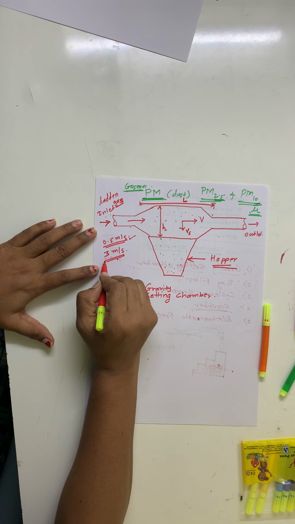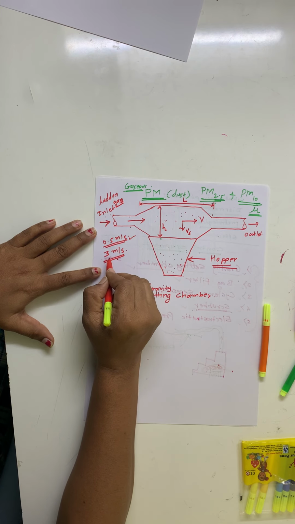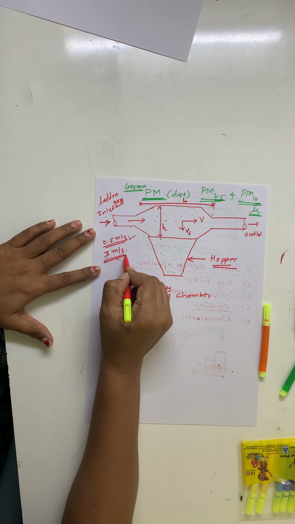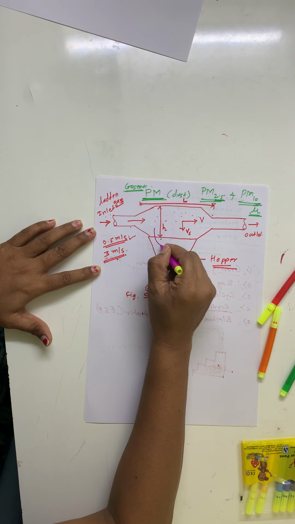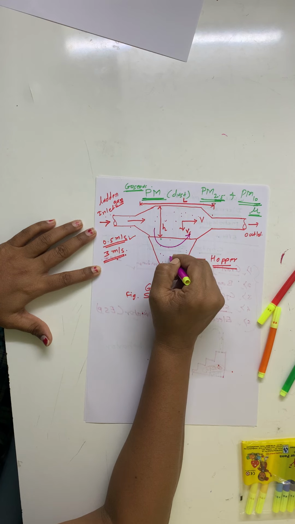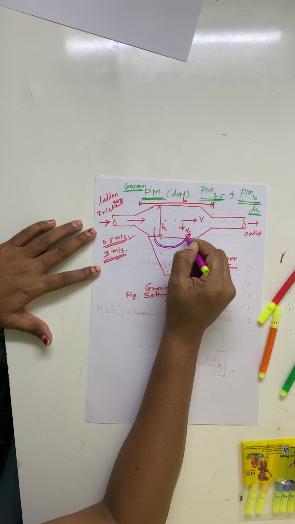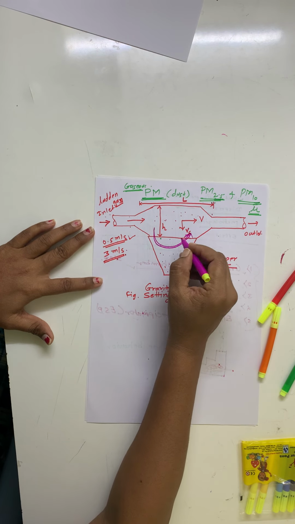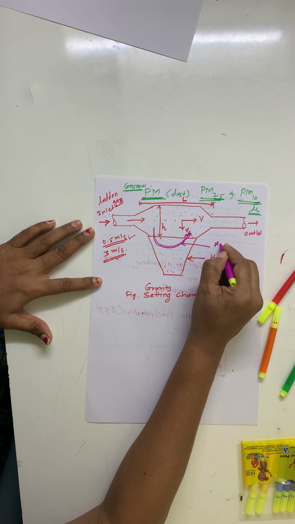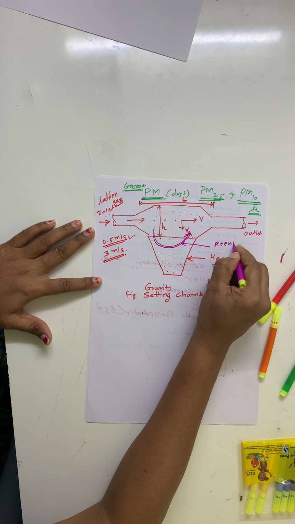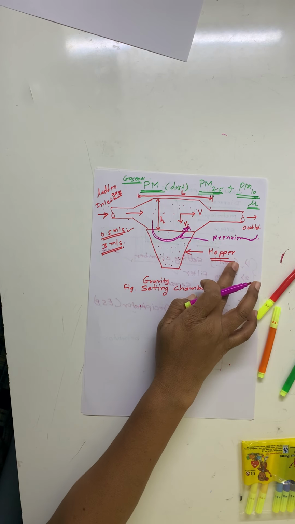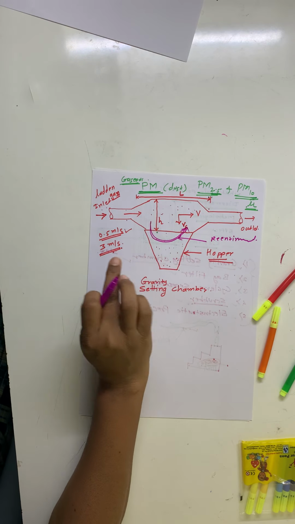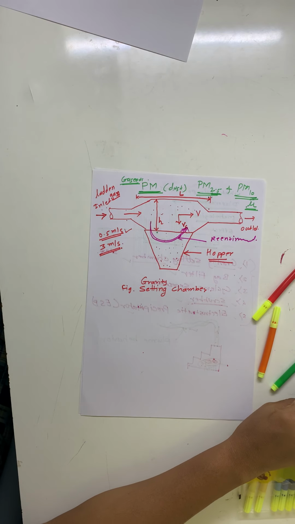If we increase the velocity more than 3 meter per second, there is a possibility of re-entrainment of the particles. Whatever has settled will float again. That is the re-entrainment of the particle. To avoid that, we should take care that it is not greater than 3 meter per second.